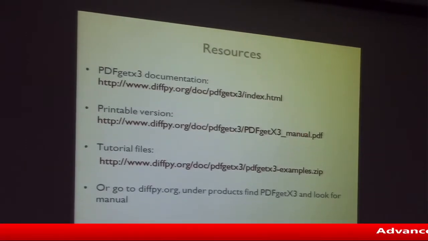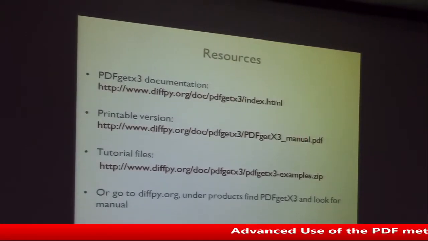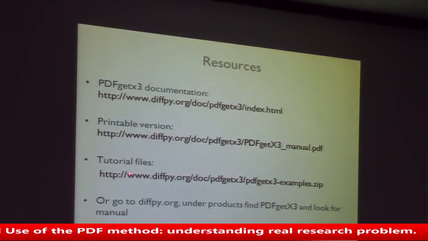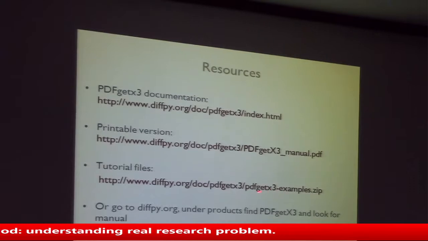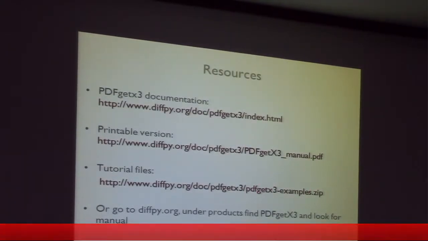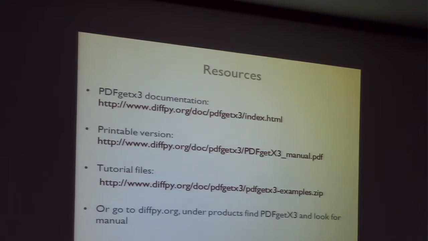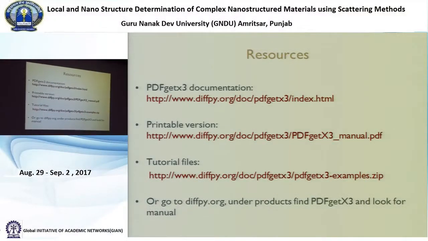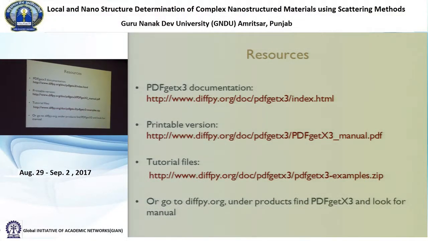And I gave you just one file to play with, a nickel file. But if you go onto the web and you go to this website here, there's actually a bunch more examples. There's ceria, there's barium titanate, and there's an organic material. So these are good to go and play with.